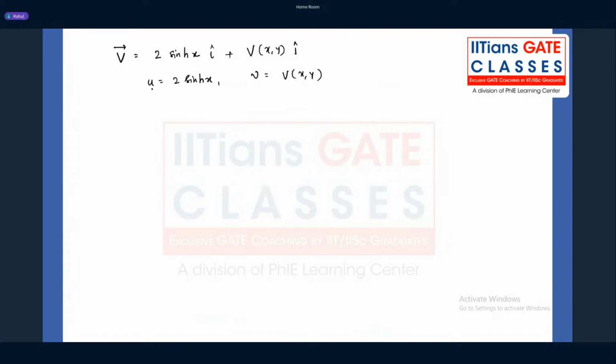They have mentioned very clearly the flow is incompressible, right? For incompressible flow, what is the necessary and sufficient condition, guys? Volumetric strain rate has to be 0. That means del dot V has to be 0.